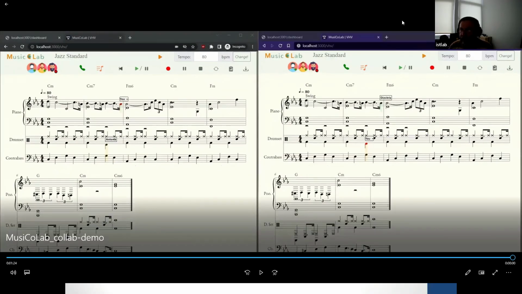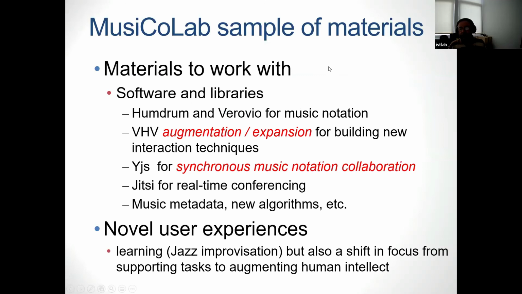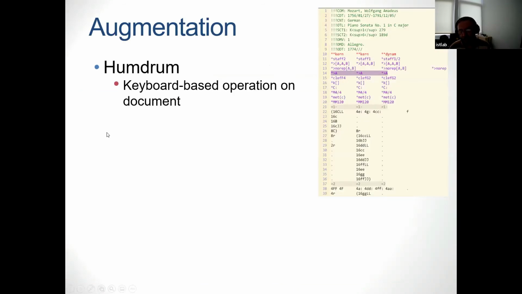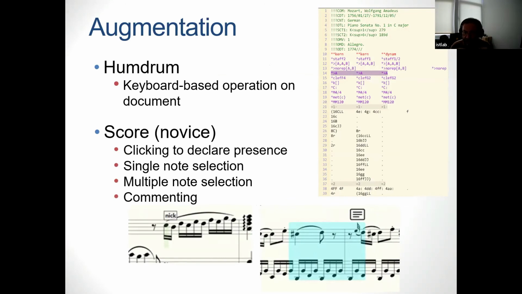So I'm passing the video clip just to get to the point where I would like to show you, for instance, that you have already seen the Verovio Humdrum viewer being augmented, and how it was augmented to support something which was purely keyboard-based on the left-hand side, to transform it to something which is purely mouse-based.